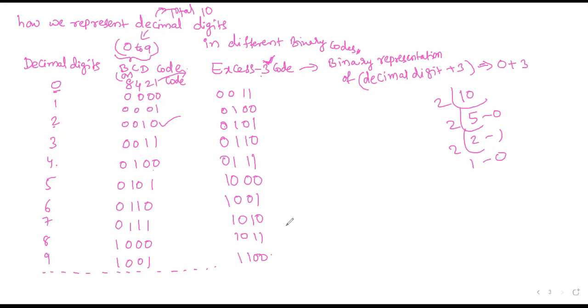In this manner, you have to represent the decimal digits in XS3 code. XS3 code is nothing but the binary representation of the decimal digit after adding 3.